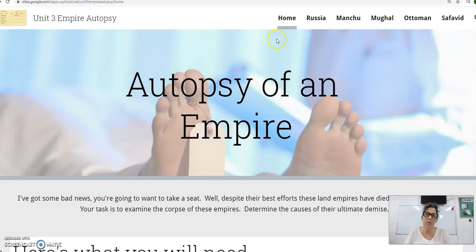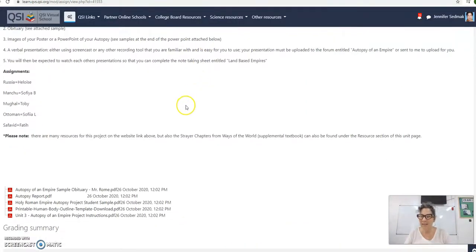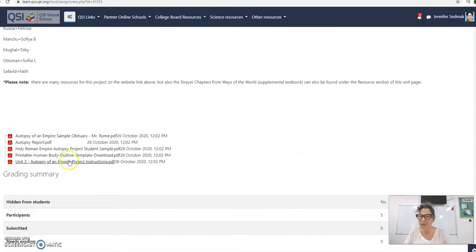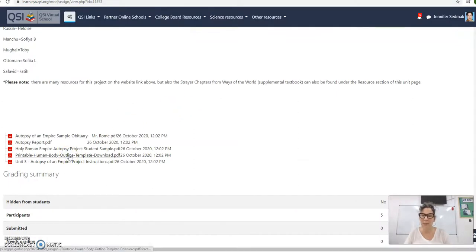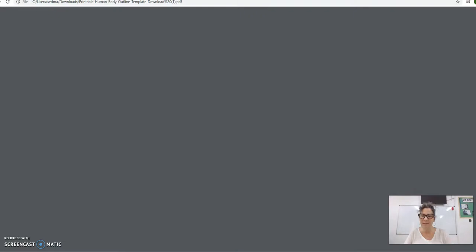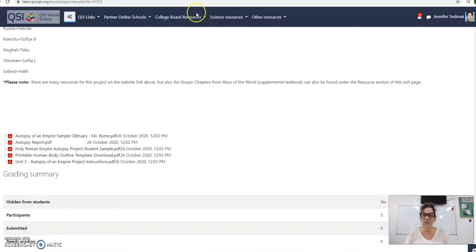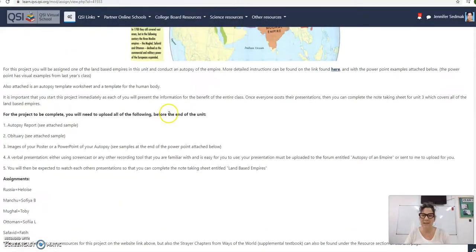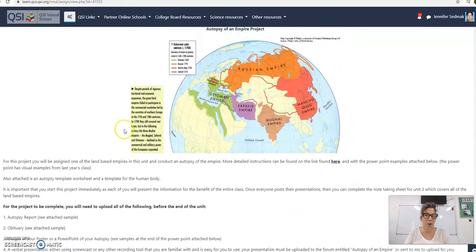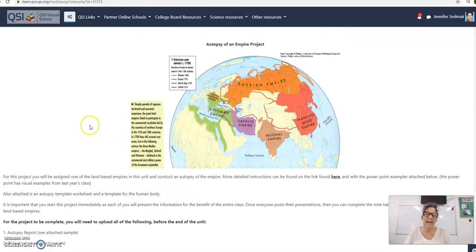So essentially, you're going to conduct what's called an autopsy. On the main page here, you have a printable human body. So if I open this up, this is going to be the focus of your autopsy. And in the autopsy, essentially what you have to do is explain to us what were the major components of the empire, and in terms of the empire's decline, what was the major cause?